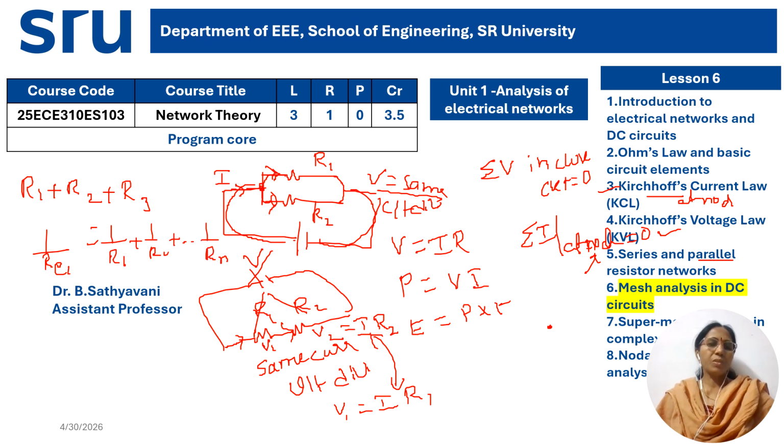If n number of resistors are connected in series, the equivalent resistance is R1 plus R2 plus R3 up to Rn. These are the basic formulas that we studied, and we solved a few problems on series and parallel networks in the previous lecture. Now in today's lecture, we are going to discuss mesh analysis in DC circuits.